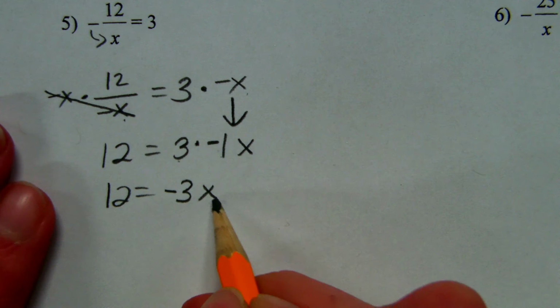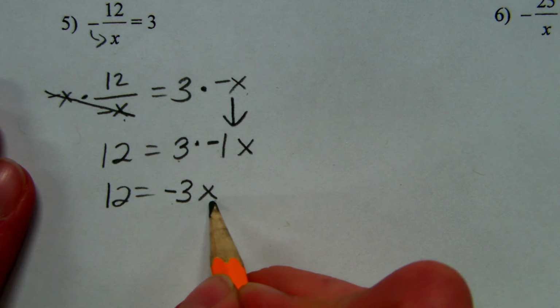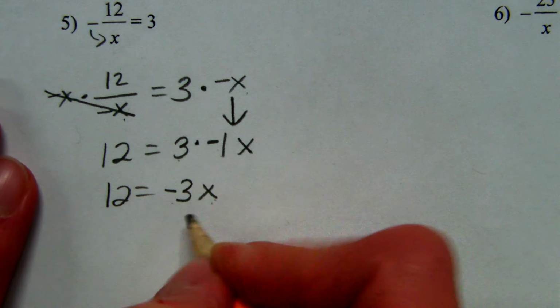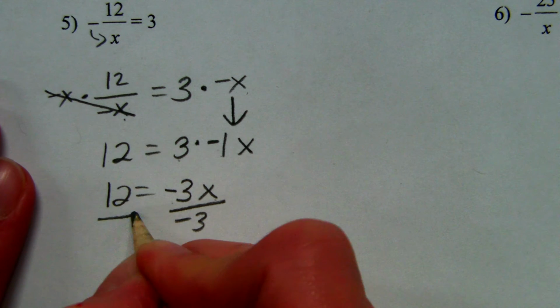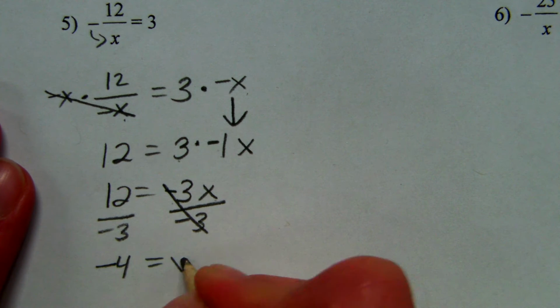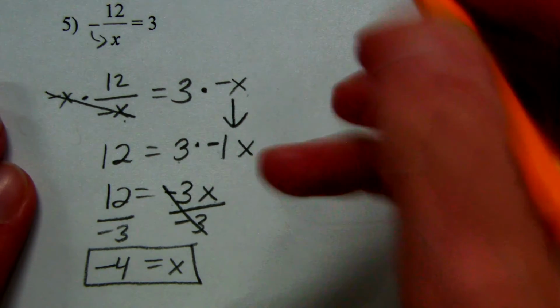And then we want to get x by itself, so I have negative 3 times x. What's the opposite of multiply? Divide. So we divide both sides by negative 3. And so you get negative 4 equals x. And this is a little trickier to check.